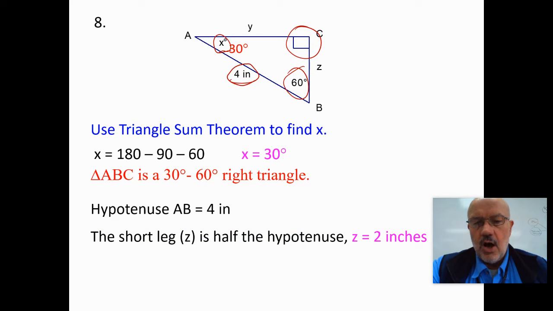So the short leg is always, always, always half the length of the hypotenuse in a 30-60 right triangle. Always. So that means it's 2 inches. And no calculation involved other than some mental math to divide 4 by 2.